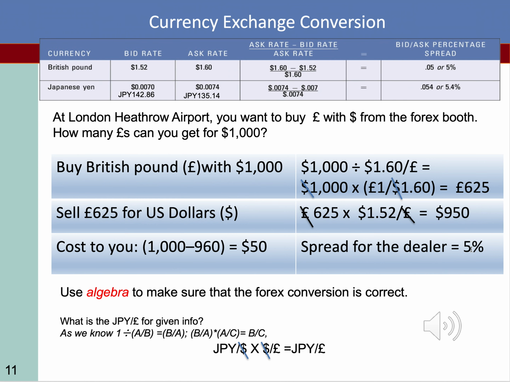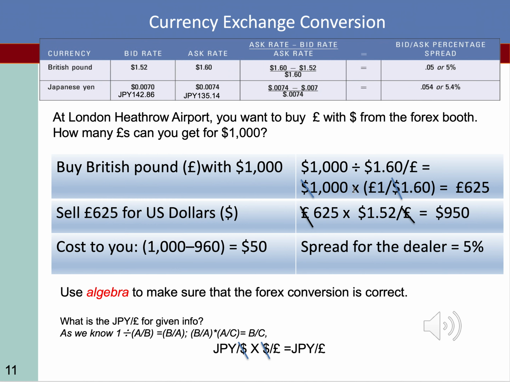Okay. Now, with this example, I want to show you how you convert currency from one to the other, and how you use the formula. Using algebra will help you to correctly get the conversion.